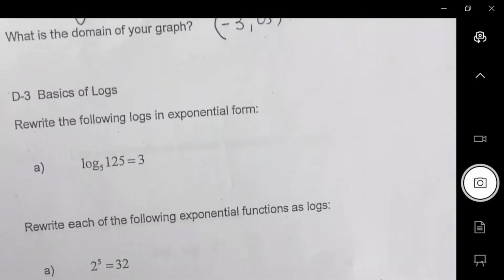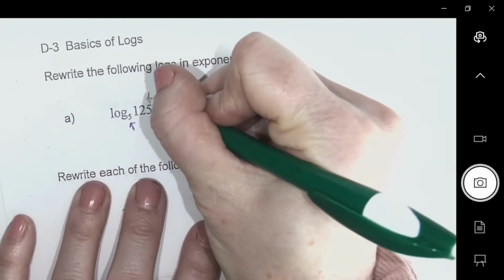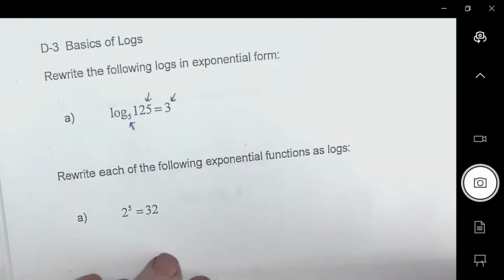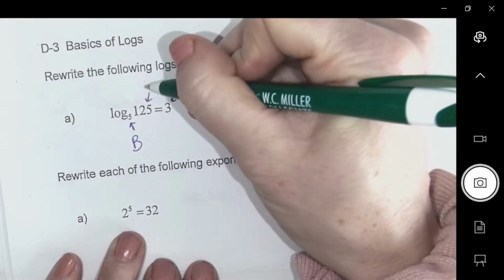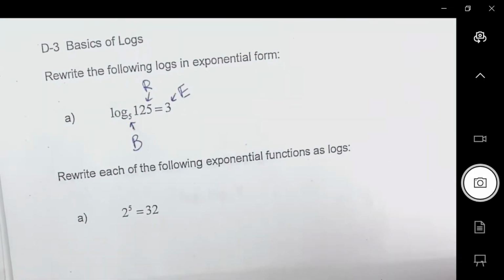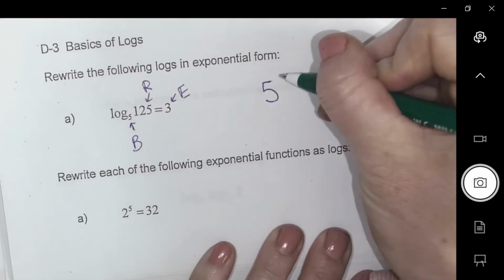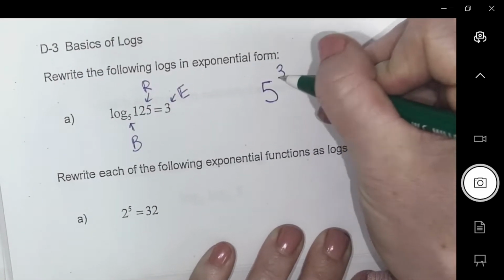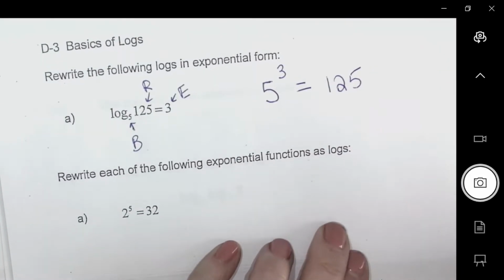Okay. Rewrite in exponential form. So let's just label these. 5 is the base, result equals exponent. So now I'm going to go 5 to the 3 equals 125.